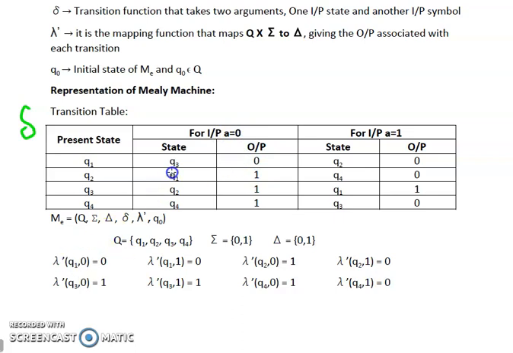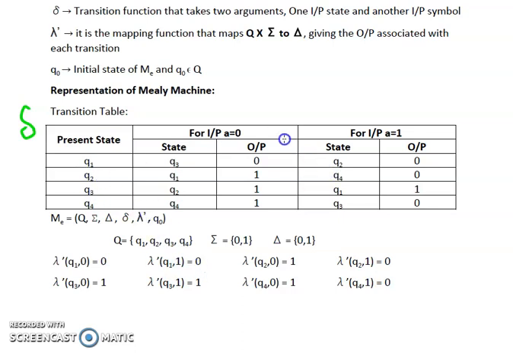Suppose we are on state Q1 and reading input 0, the output produced will be 0. Similarly, on state Q1 reading input 1, the output is 0.